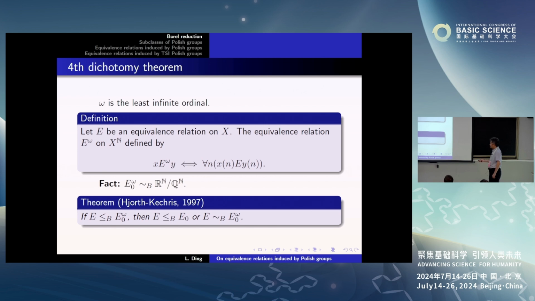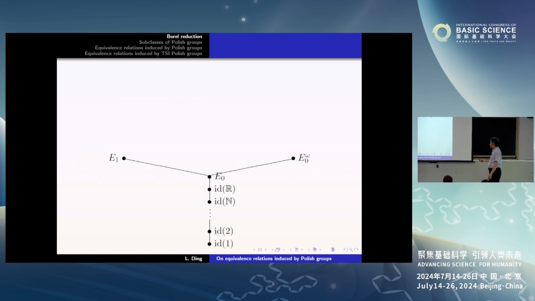Now, the fourth dichotomy. The statement of the fourth dichotomy is similar to the third one. So it means that there is no equivalence relation between this point and this point. So first dichotomy here, second, third, fourth.